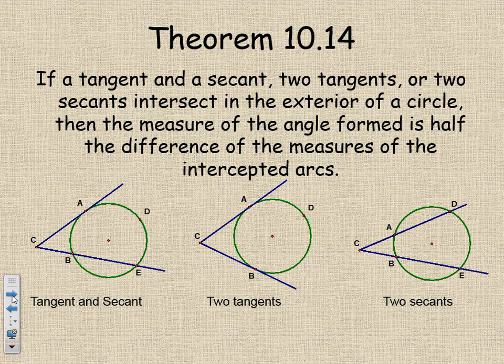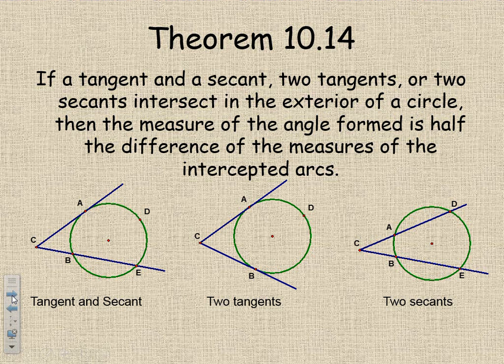Okay, now this theorem, there's a lot to it, but it's really easy. You see in one theorem itself, it has 3 different pictures. Like I said, it's the same thing over and over again, but you just have to be able to see the 3 different pictures that could occur with this theorem.